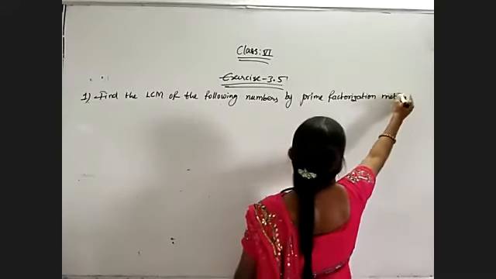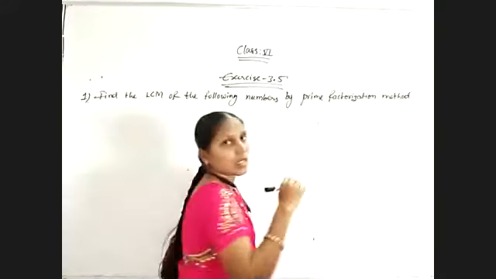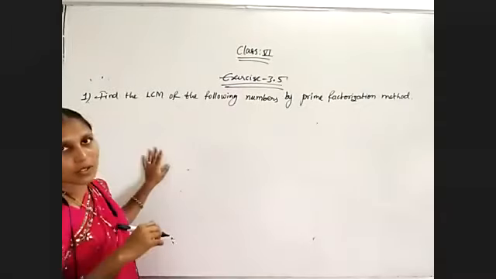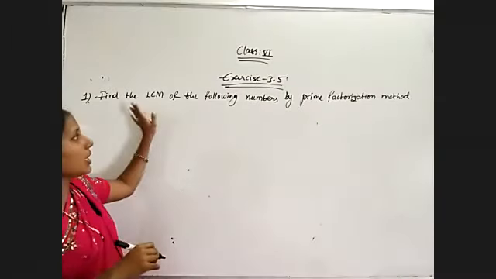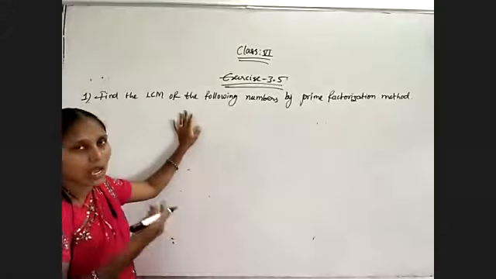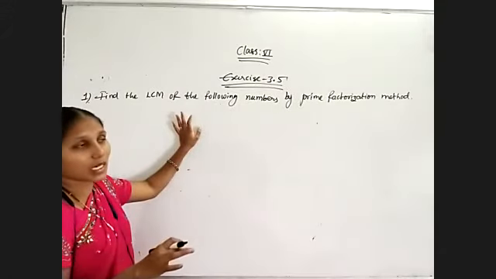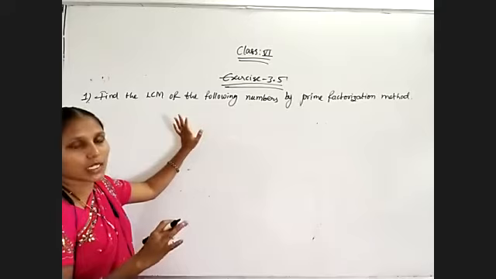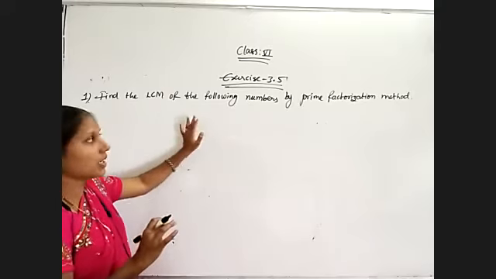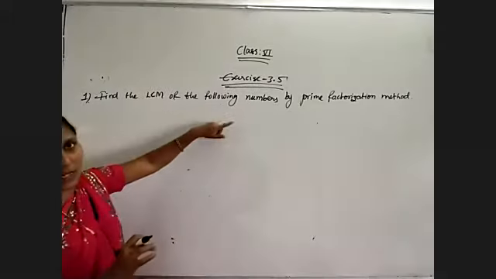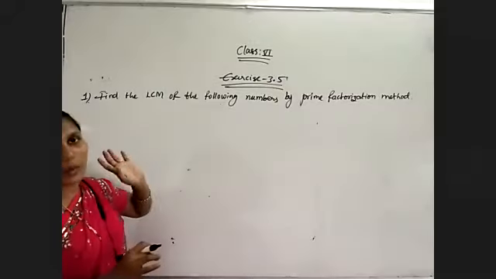So they have mentioned which method we need to use. That means in that method only we have to simplify. If they did not mention, and just say find the LCM of the following numbers, then as we wish we can choose the method. That means we can go with the division method or prime factorization method. But in this question they have mentioned only the prime factorization method.